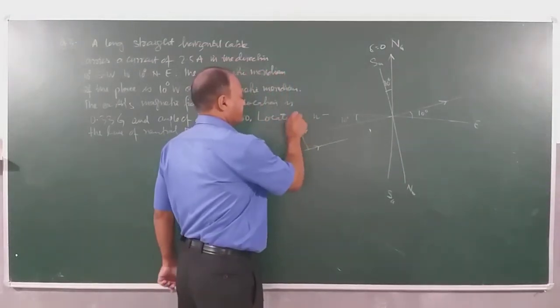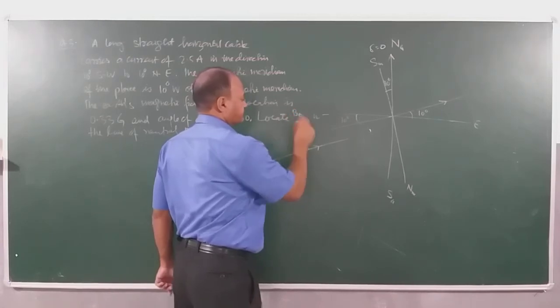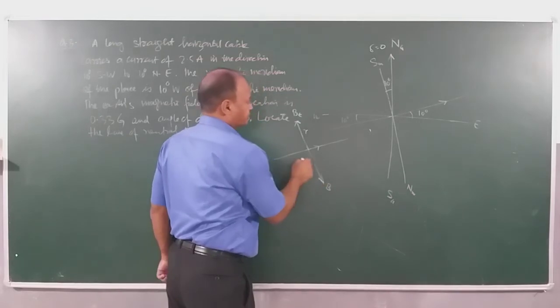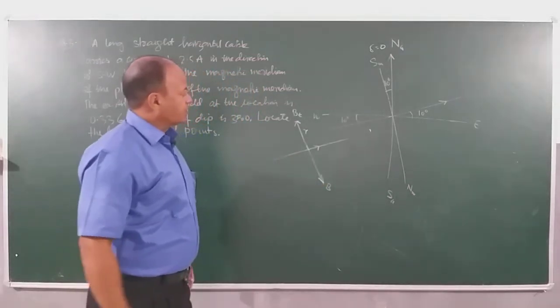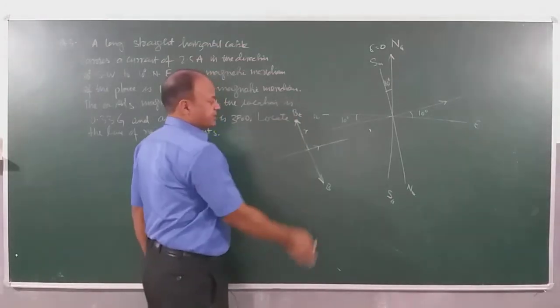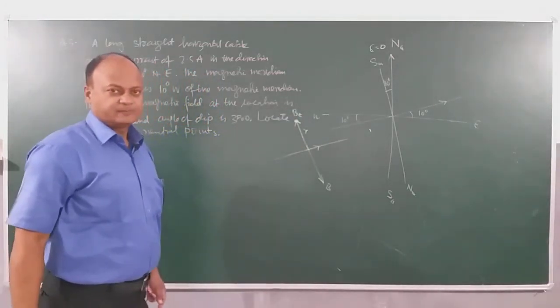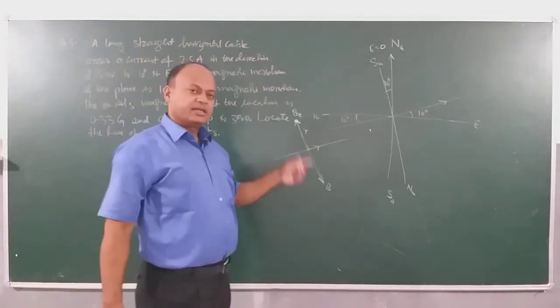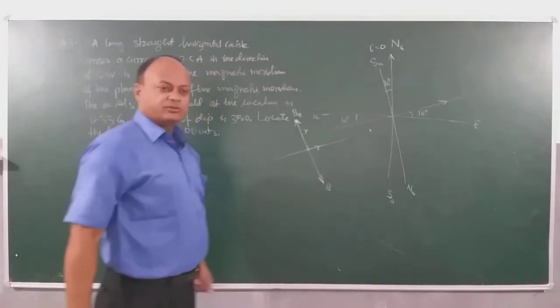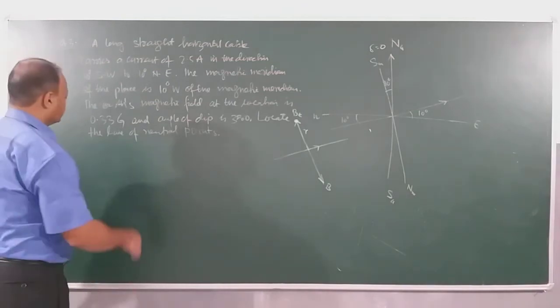This is Earth's magnetic field, and this is the magnetic field due to the cable. At a certain point P here, both the fields are directed in the opposite direction. This is one criterion. And we know at the equator delta is equal to 0.